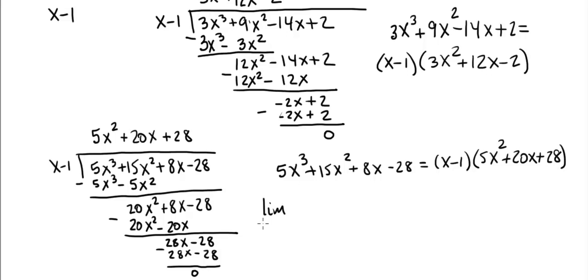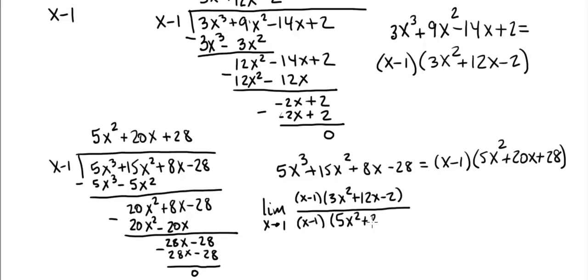Our limit as x approaches 1 is now: the numerator, instead of being 3x cubed plus 9x squared minus 14x plus 2, we can write as x minus 1 times 3x squared plus 12x minus 2. The denominator, instead of being 5x cubed plus 15x squared plus 8x minus 28, we can write as x minus 1 times 5x squared plus 20x plus 28.